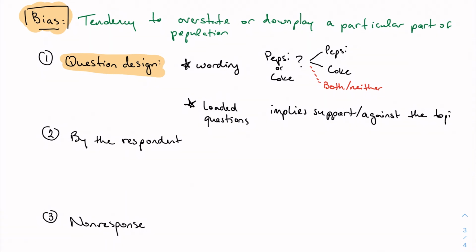So if you look at this election, right? This would be like having a question that says, do you support the awful things that this candidate is doing? Do you support the great things that this candidate is doing? By using adjectives like awful and great in this last example, these are now emotionally charged.